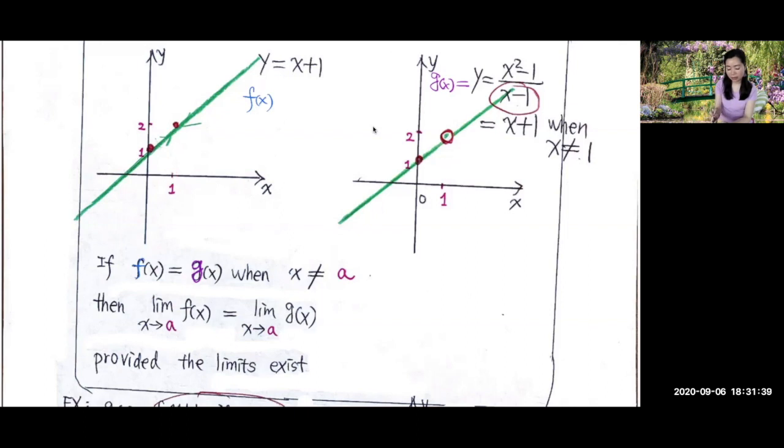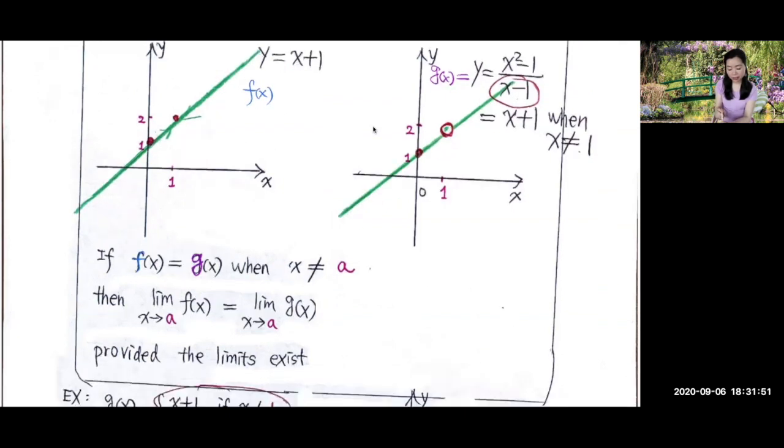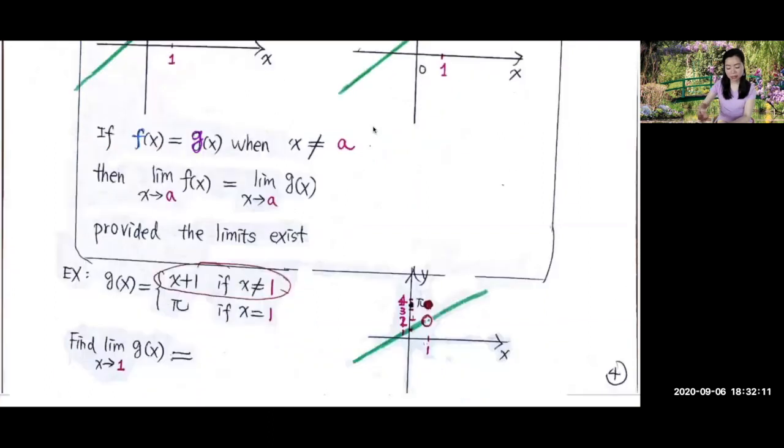Even though this function is not defined at 1, and this function is defined at 1, they will still have the same limit here. So this is a theorem, says that if two functions agree with each other when x does not equal a, then both functions will have the same limit as x approaches a, providing both limits exist, okay?